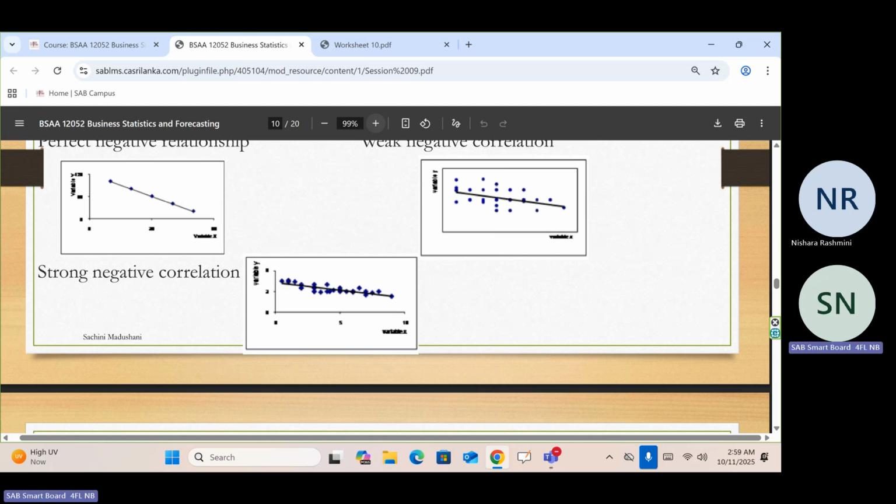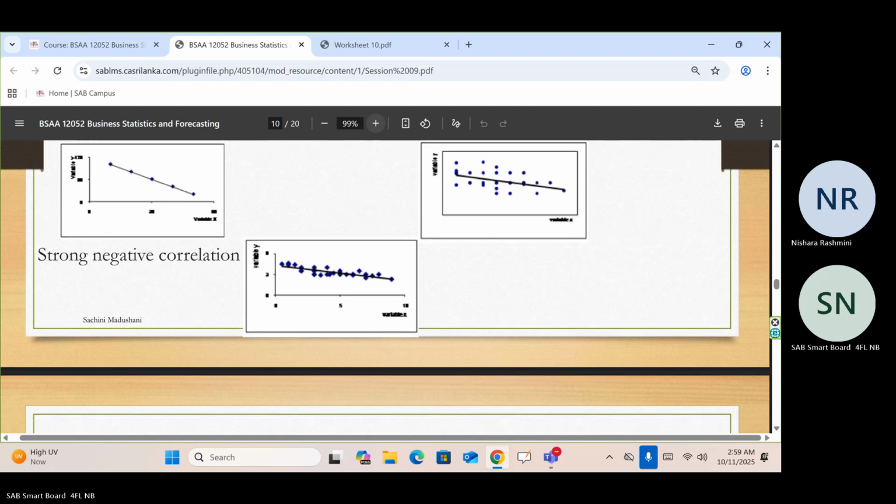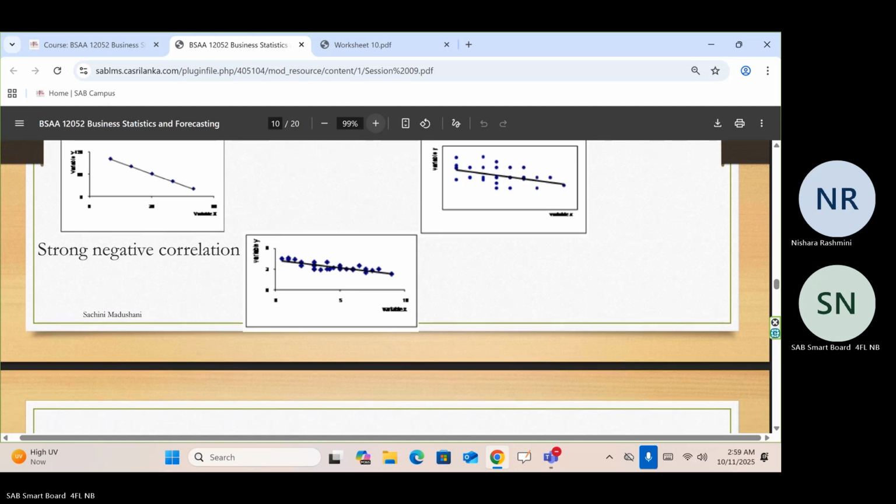Then looking at this one, first tell me what is the direction? Positive or negative? Negative. Here, all the plots are not on the one straight line. Most of the plots are not on the one straight line, but the least number of plots are on the one straight line.